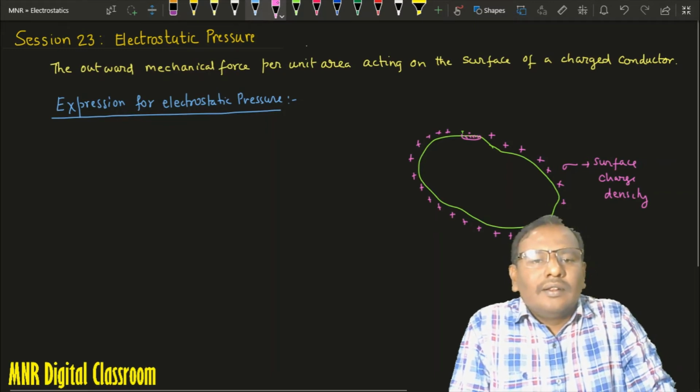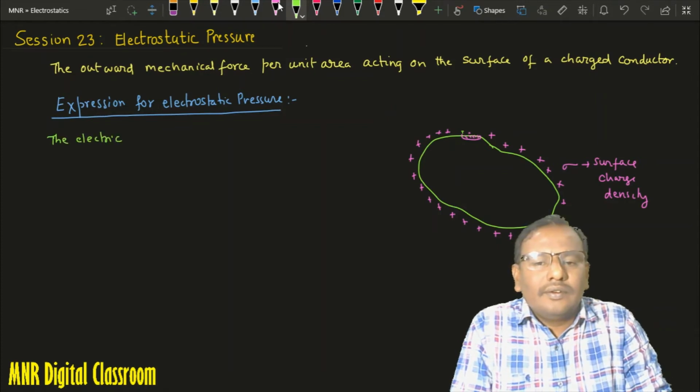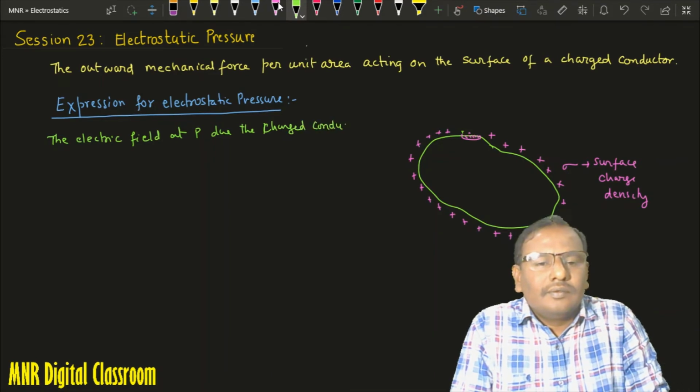Then the electric field at P due to the charged conductor is given by E is equal to sigma divided by epsilon naught.